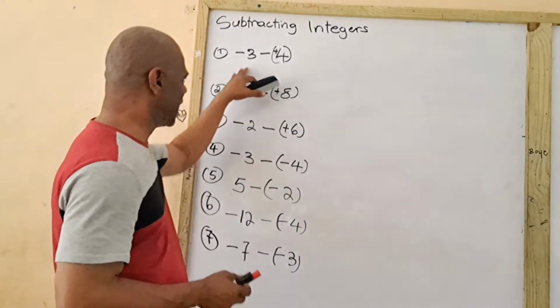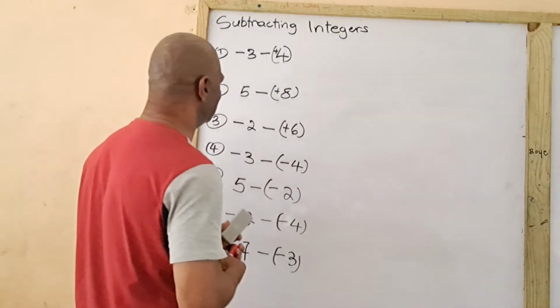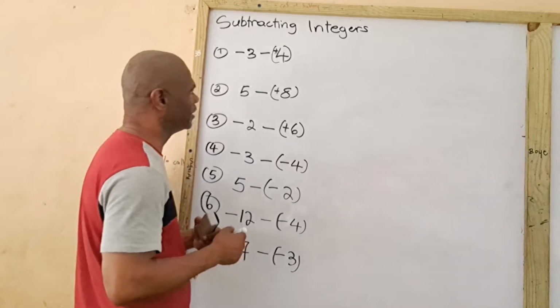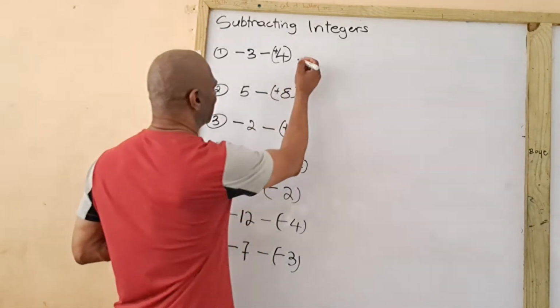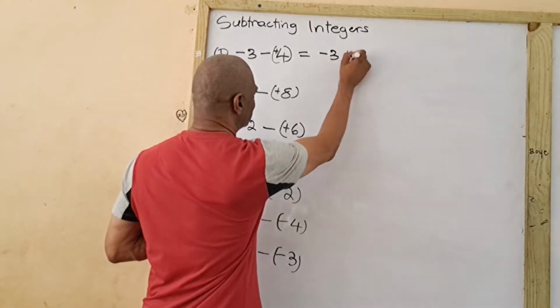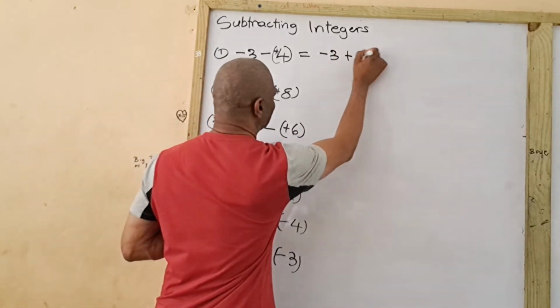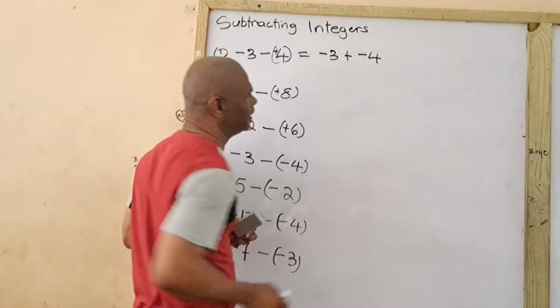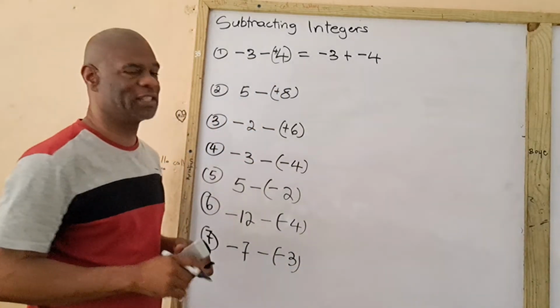So let's rewrite this. If I rewrite -3 minus a +4, that will give me -3 plus -4.